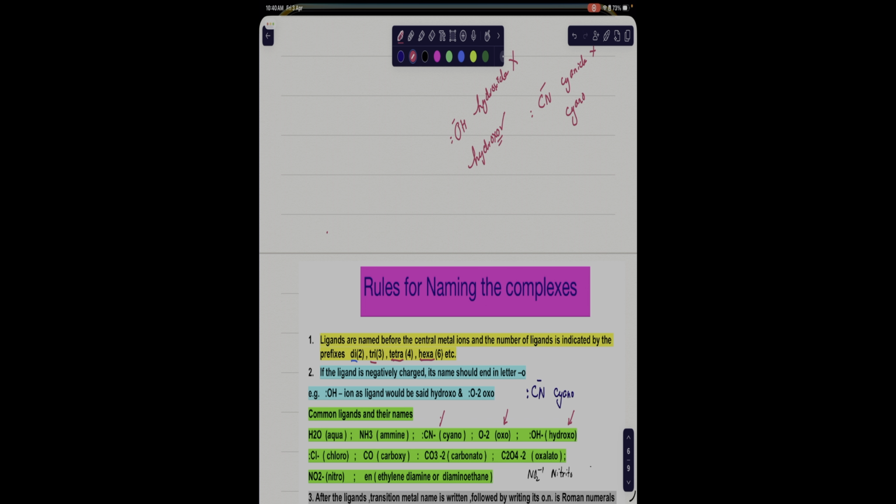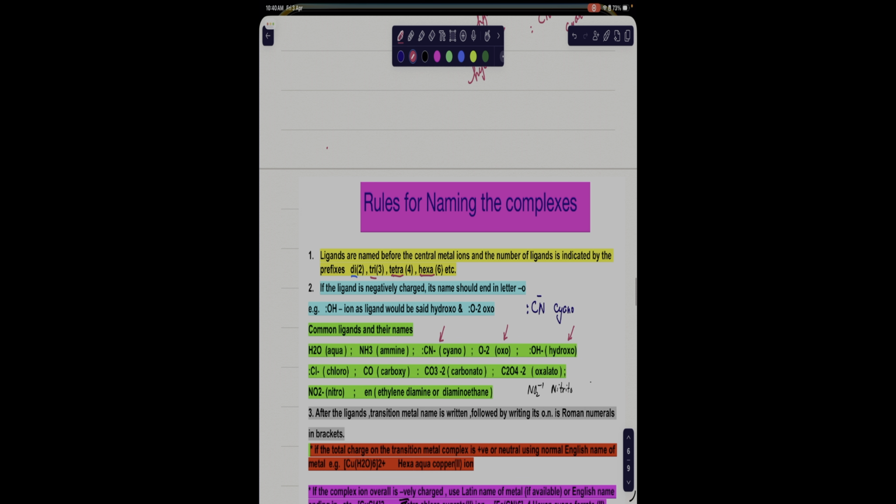Cyanide is said cyano, and even the carbonate ion as a ligand will be called carbonato, and the last one given over here, nitrate ion, as a ligand will be called nitrato. Alright, we have to remember this one. And other names are given for you.